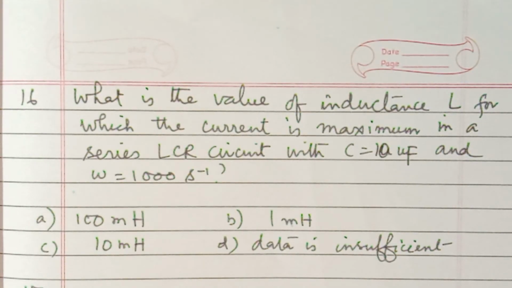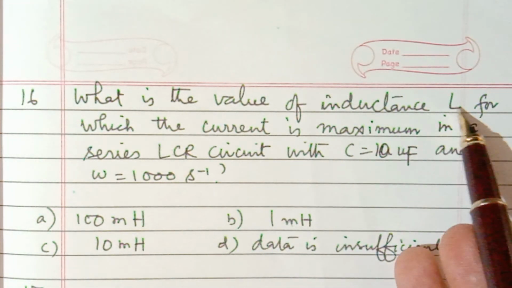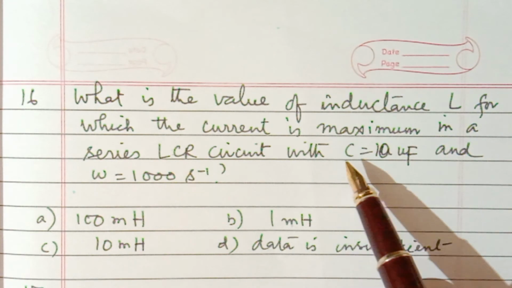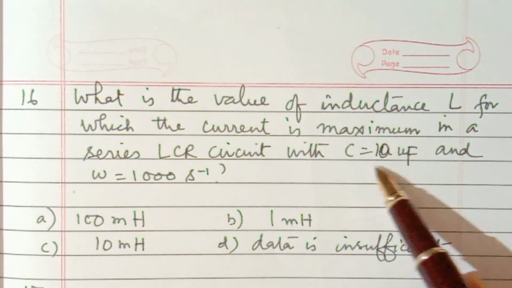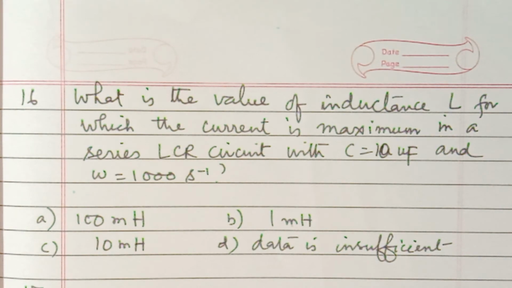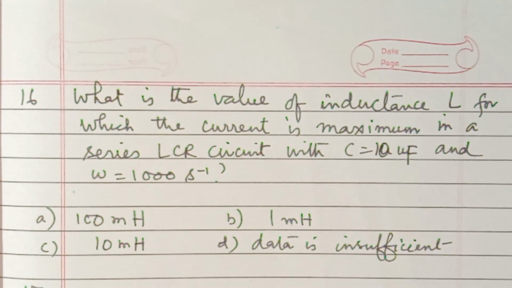Next question is, what is the value of inductance L for which the current is maximum in a series LCR circuit with capacitance 10 microfarad and omega 1000 per second? Here the resonance condition is there, so the current is maximum. During the resonance condition, what is the relation between L and C?